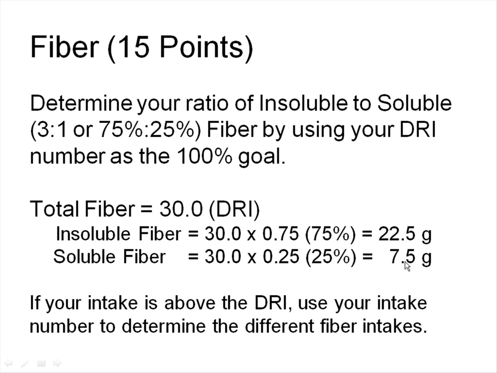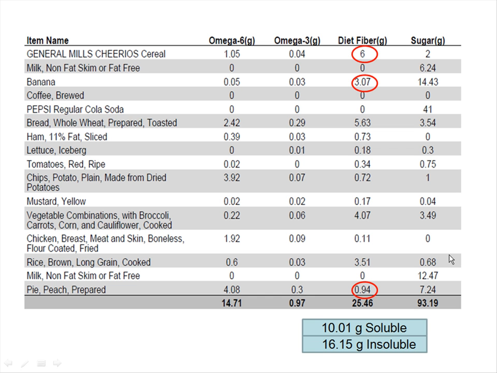Well, our goal was 22.5 and 7.5. For that day, I didn't meet it. But again, we're looking at the average. So what you're going to have to do is go through and look at each individual day, add those days up, and divide by 3 to get your average soluble. Once again, kind of like the animal and plant protein, if you wanted to, you could just look at the soluble, add those up, get an average, and then subtract that average from 30 to give you your average insoluble.